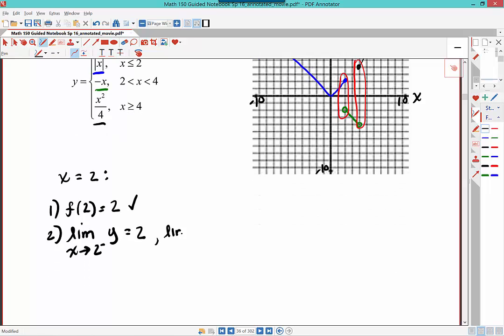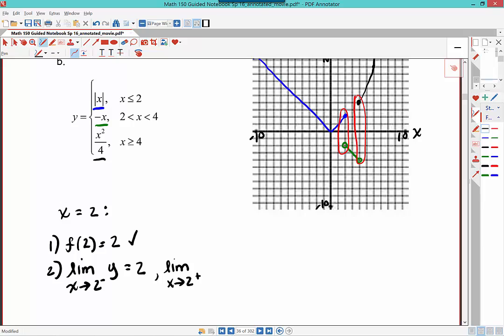The limit as x approaches 2 from the right side of y is going to be, good, negative 2. Do you see that? So the limit as x approaches 2 without any of the superscript does not exist, so it fails.